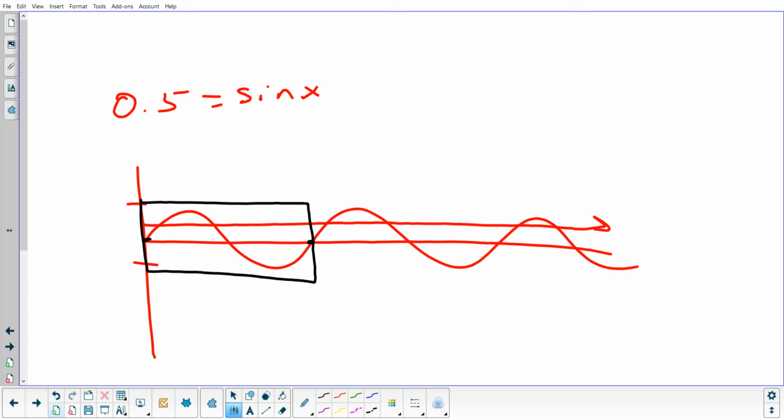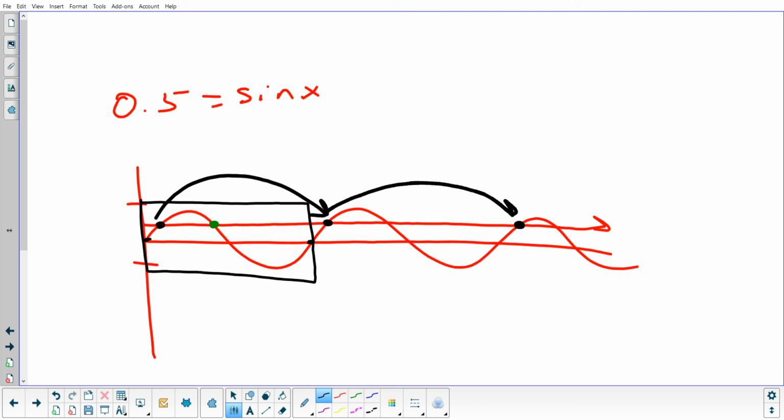That's one cycle. So in order to solve a trig equation that has infinitely many answers, all you need to do is solve for the answers in one cycle. Like here and here. Now, the black answer is going to repeat again here, and again here.